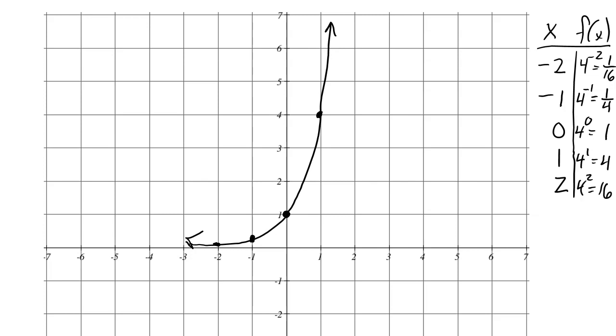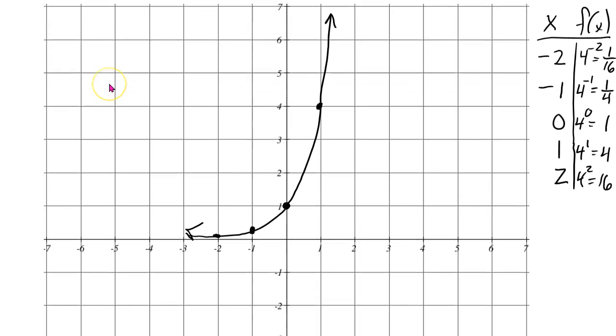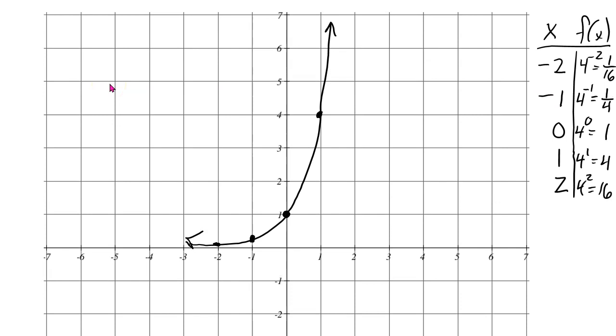Let's change colors so that we can see it. Notice that when we reflect across the y-axis, which is what we get when we have a negative on the variable in the power, it will not change the y-intercept. So it still goes through that point right there. This point, however, which was at negative 1/4, will now be at positive 1/4.